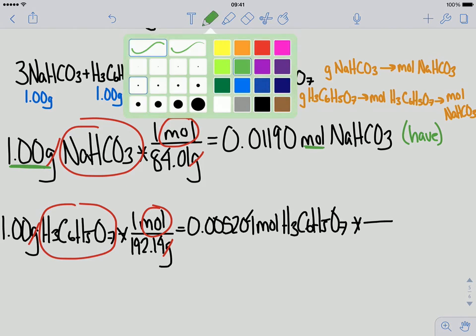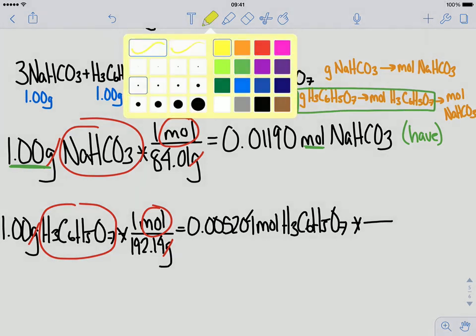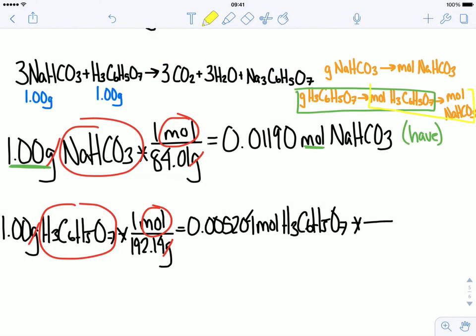Okay, so now again, this took care of this part of our little flow chart here. Now we need to do this part, going from moles of substance A to moles of substance B, which we do by using the molar ratios from the coefficients in this balanced equation. So there are 3 sodium bicarbonates to every 1 citric acid.